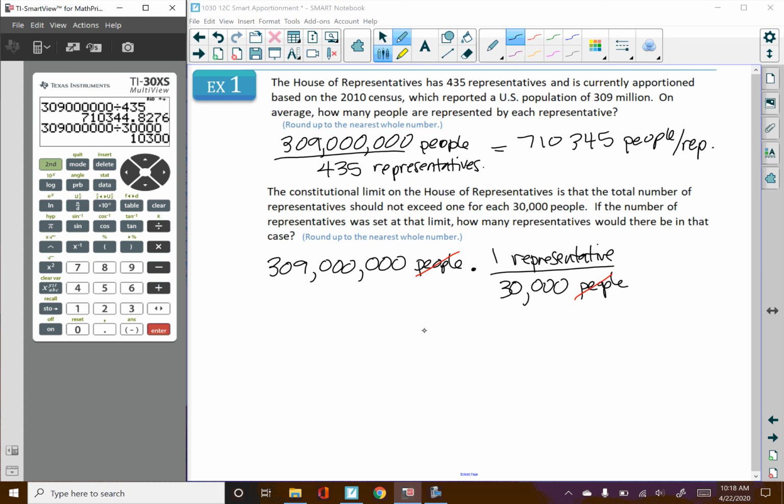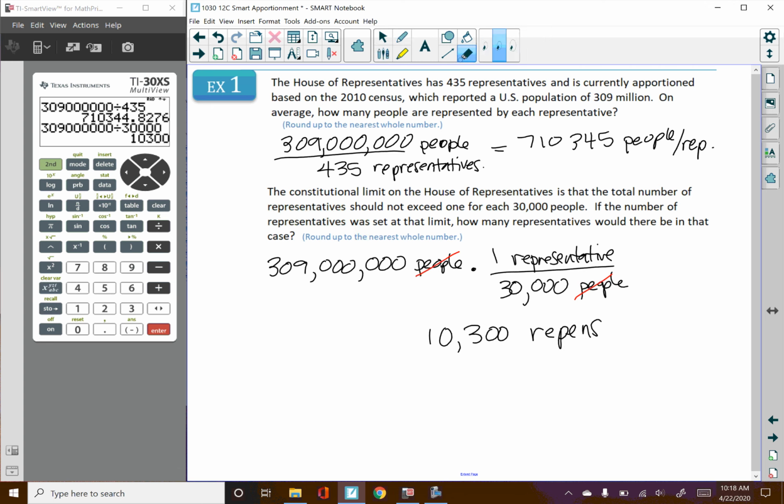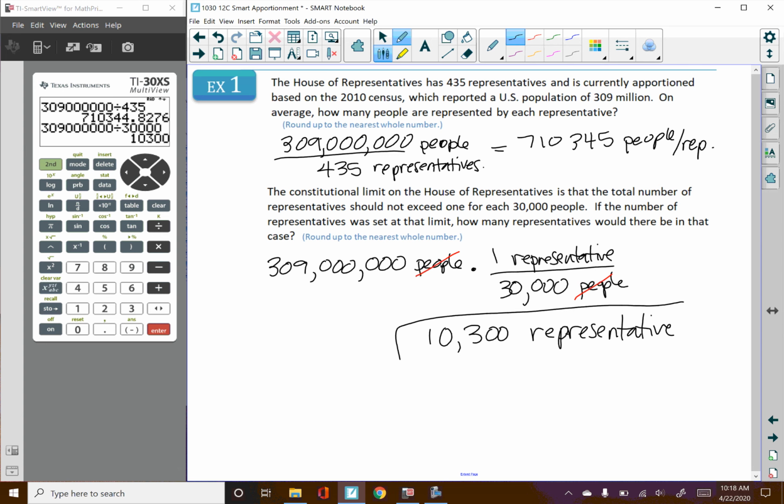That means we would have 10,300 representatives, which is a lot more. We have 435. If there was one for every 30,000 people, we would have over 10,000 representatives. Obviously, that wouldn't be very effective for the government to have that many.